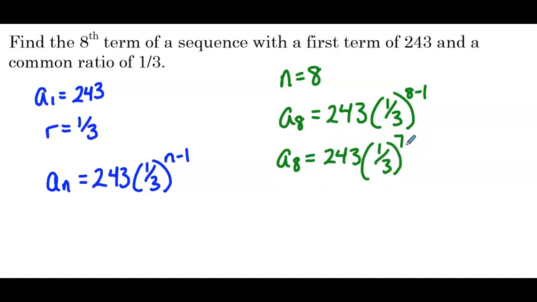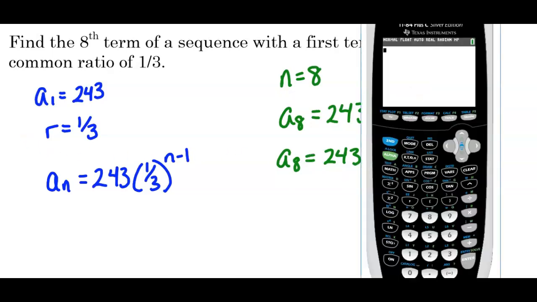Now let's use the calculator to find this answer. Okay, so we have 243 times 1/3, so we'll do 1 divided by 3 in parentheses for the 1/3. Remember the exponent key is the up arrow, to the 7th, and hit enter.